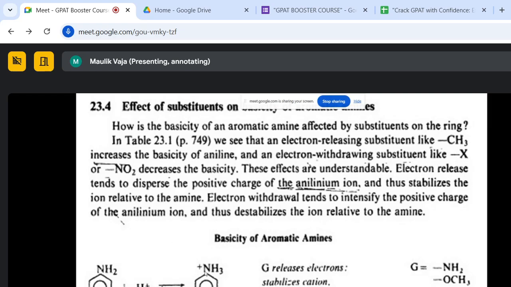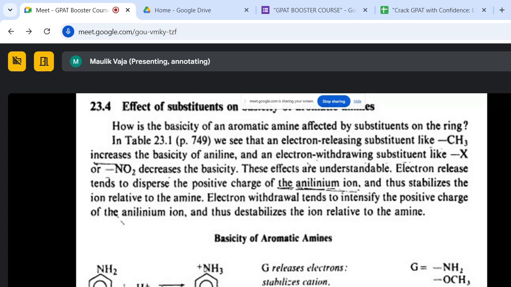Here nitrogen is in cationic form. It wants to be neutral. So here if an electron donating group comes into the picture, it donates electron. So nitrogen will get relief: someone is donating electron to me, and it becomes stabilized.